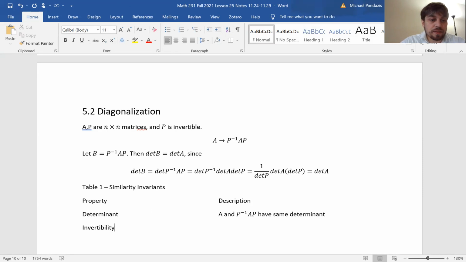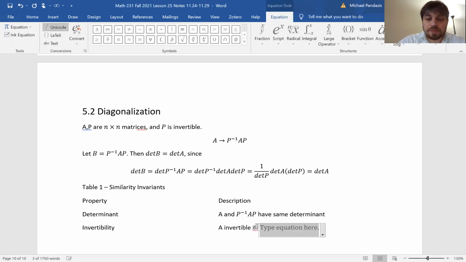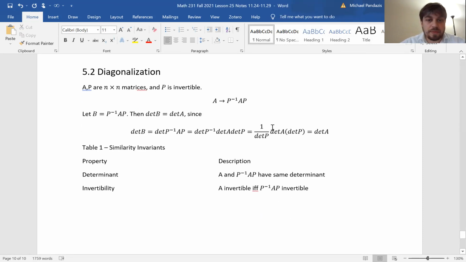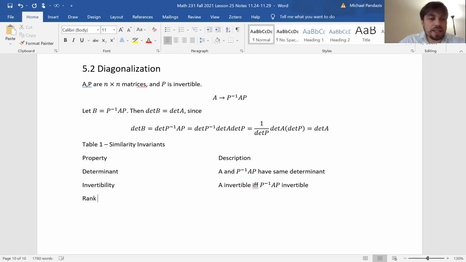Invertibility: A is invertible if and only if P inverse AP is invertible. Rank: A and P inverse AP have the same rank.